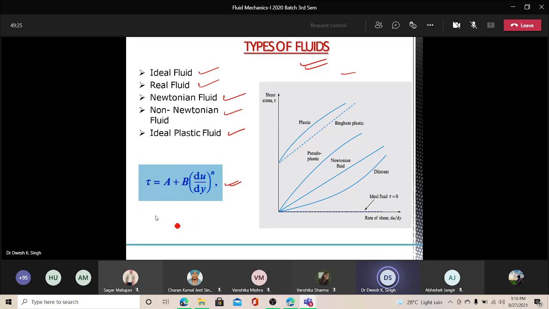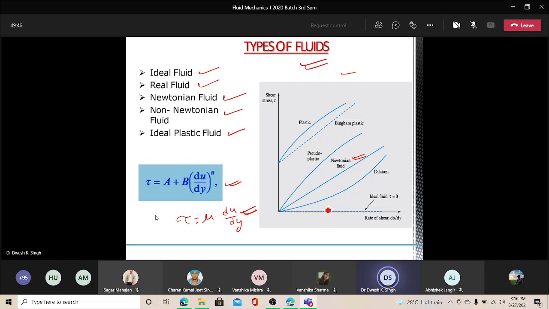What we discussed earlier from Newton's law of viscosity is this. The fluid which follows only this is called the Newtonian fluid. You can see here, this is your Newtonian fluid.